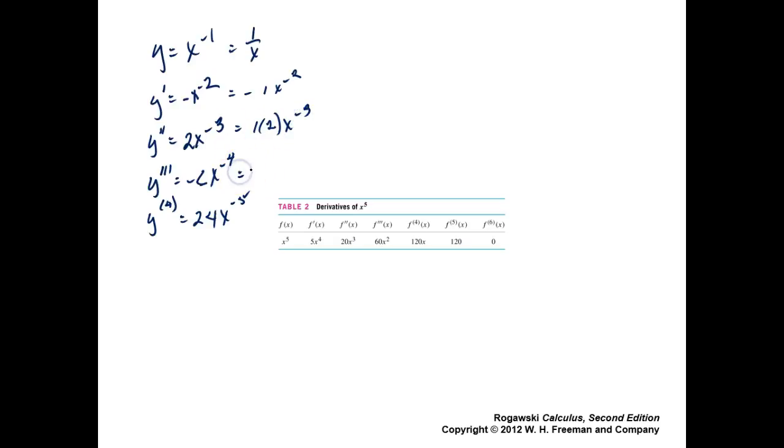This one would be a minus 2 times 3, or you could say 1 times 2 times 3, x to the minus 4. And this one would have been 1 times 2 times 3 times 4. 6 times 4 is 24, x to the minus 5.